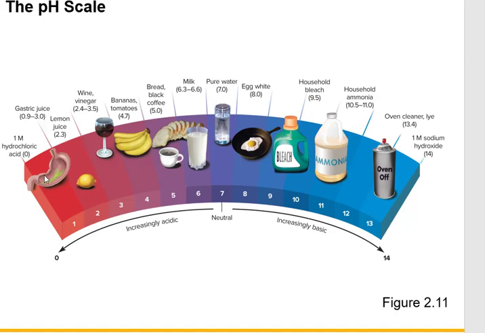Some of the things that are very acidic would be stomach acid, lemons, vinegar, which is acetic acid. Oddly enough, bananas and tomatoes are very acidic. Coffee. When you get into this range, you're talking about things that are neutral. So they're not acid, they're not base, they're just neutral.